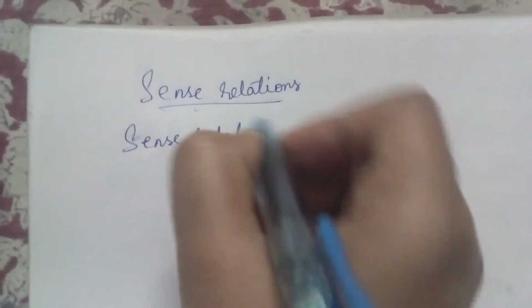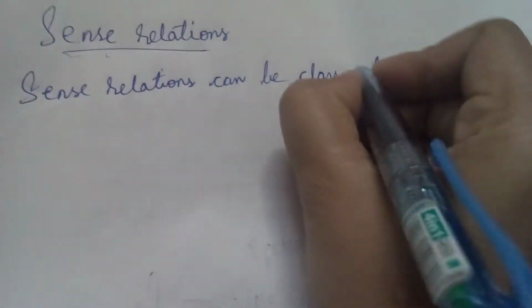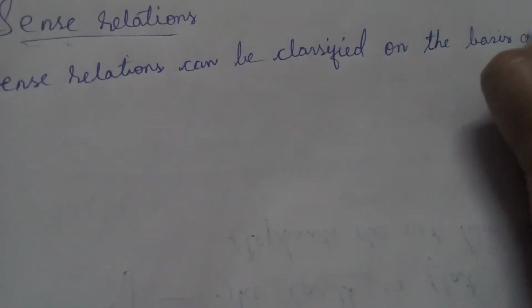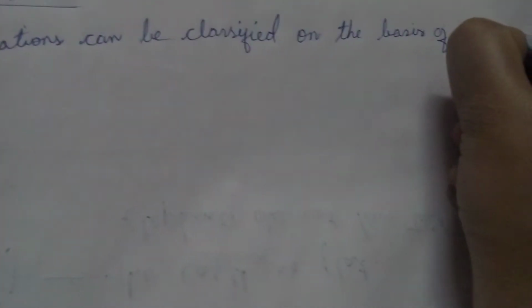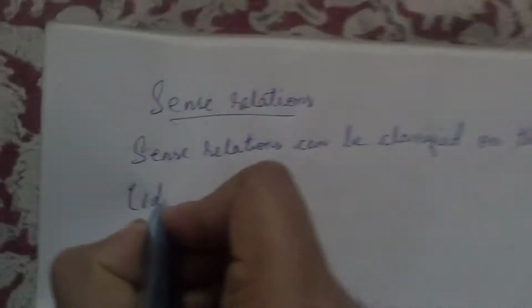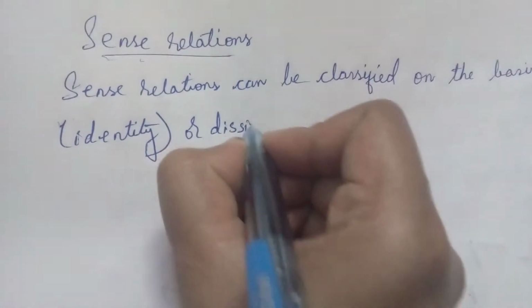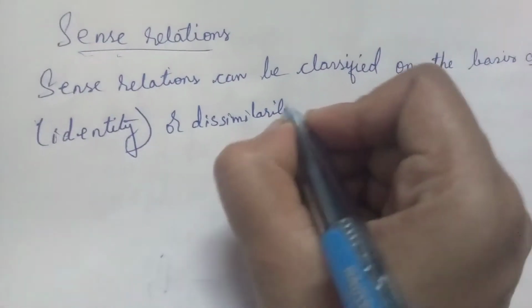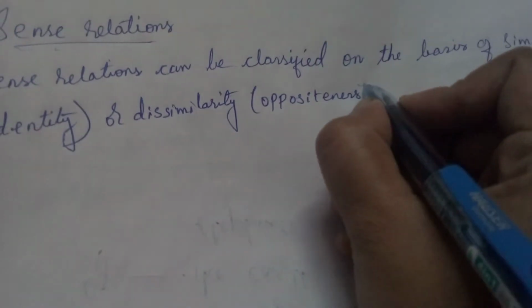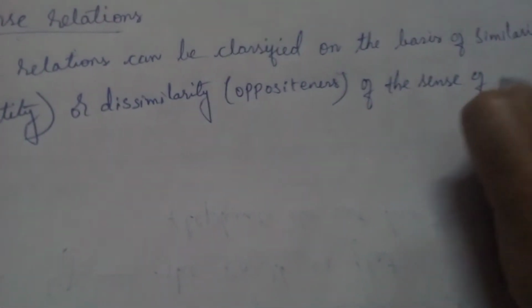Sense relations can be classified on the basis of similarity, which is identity, or dissimilarity, which is oppositeness of the sense of words.